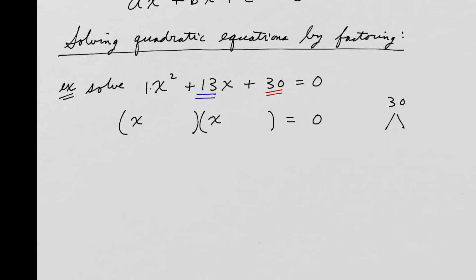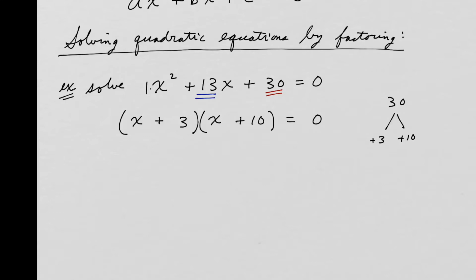Yeah, if we start thinking about all the factors of 30, like 1 times 30 or 2 times 15, and so on, you're going to find that if you do positive 3 times positive 10, if I multiply those, I get positive 30, and if I add them, I get positive 13. So these must be, and it doesn't matter what order I write these, right? Either say plus 3 and say plus 10.